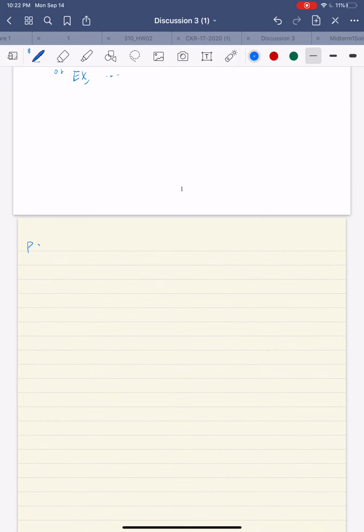Okay, problem 3. The mean square error of beta is equal to this. Okay, in this case we can do some algebra and we can get this, with beta squared times the second moment of x.